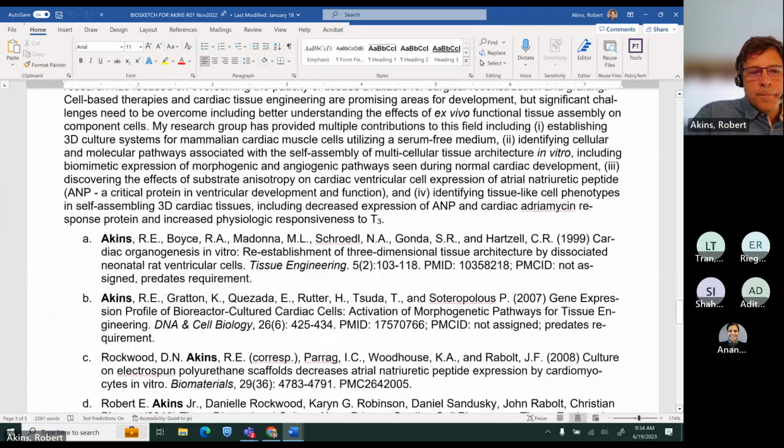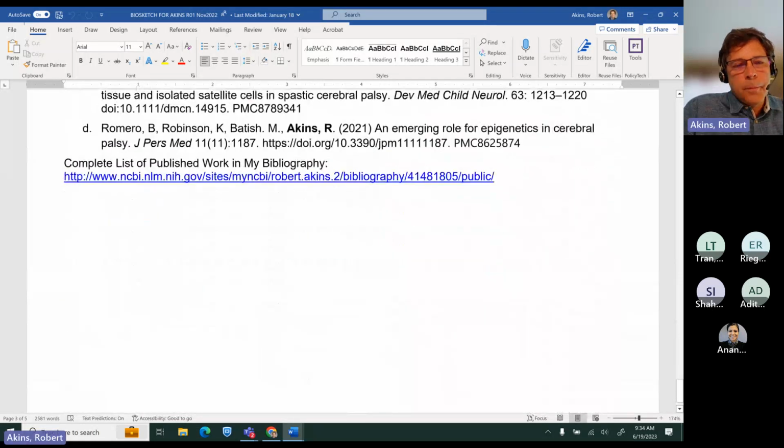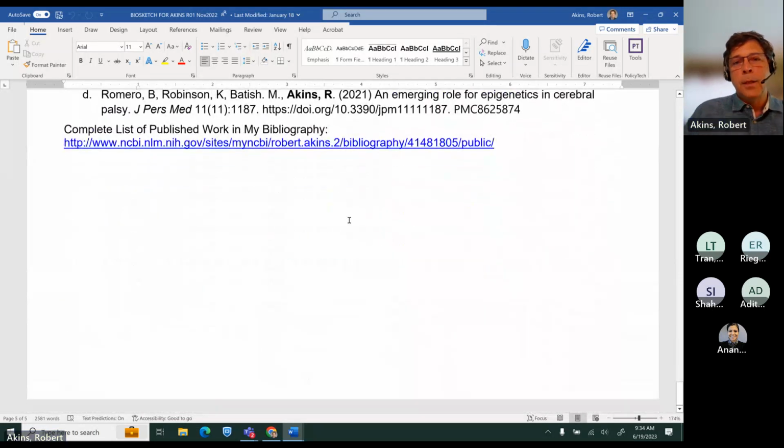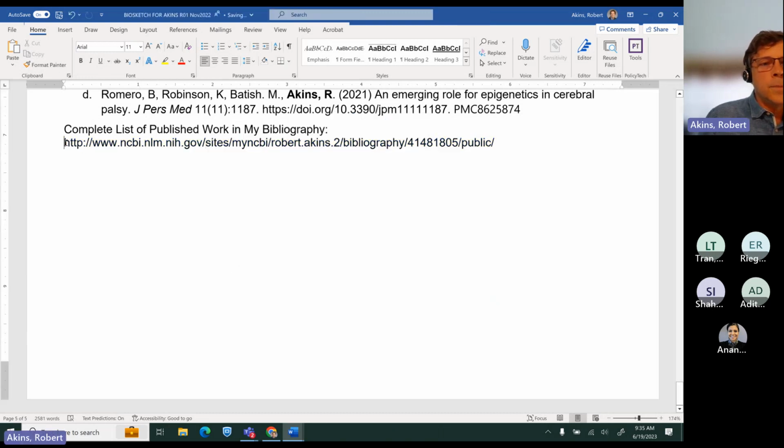All right, and I do all 5. And at the very bottom, you can list, you don't have to, but it is recommended that you list your entire bibliography through this NCBI. I think this still has a link in it, which I have to remove to be able to submit it.